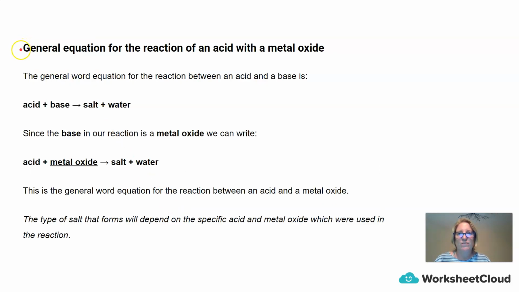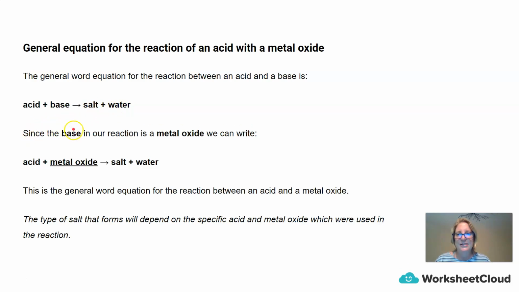The general equation for the reaction of an acid with a metal oxide is similar to the general equation for the reaction between an acid and a base, which is an acid plus a base reacts to give us a salt plus water.